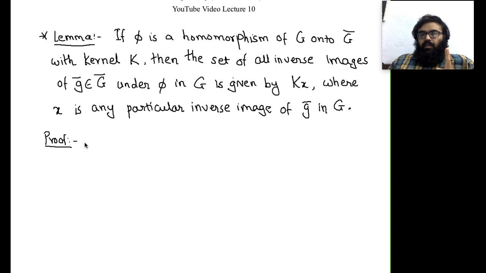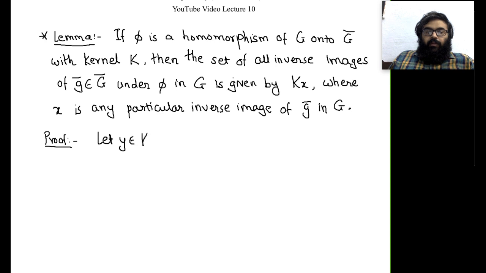And second, you take any inverse image of G bar, it must be in Kx. Combining these two facts, we can say that it is exactly the elements of Kx. So let y belong to Kx. We want to show that every element of Kx is an inverse image of G bar, that is, phi of y equals G bar.